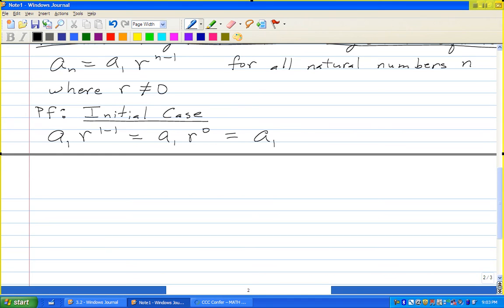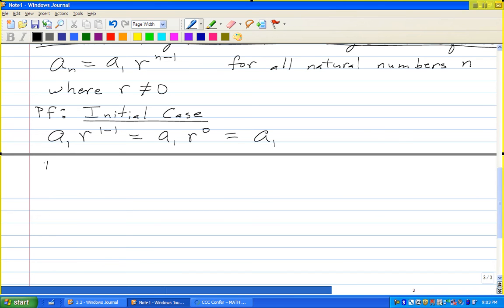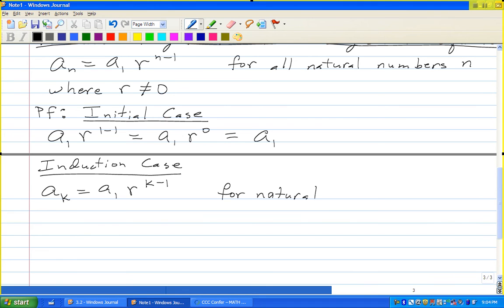So let me do the induction case. Let me assume that this formula is true for k, for a natural number. Okay, so let k be any natural number.